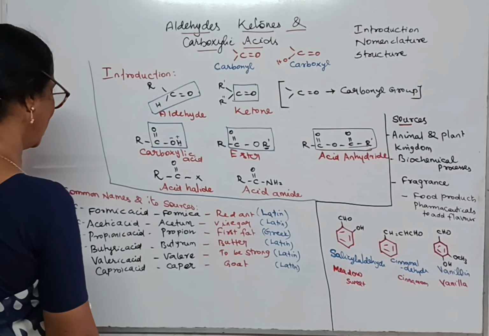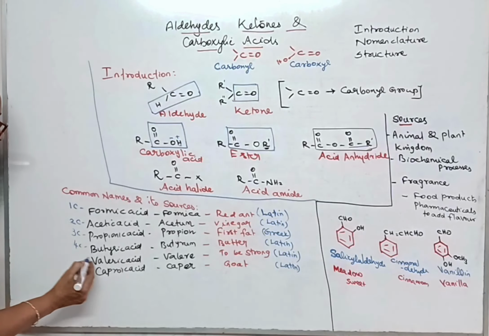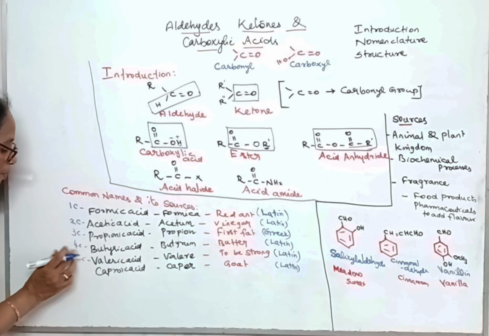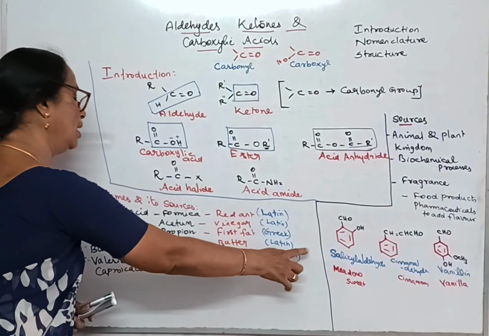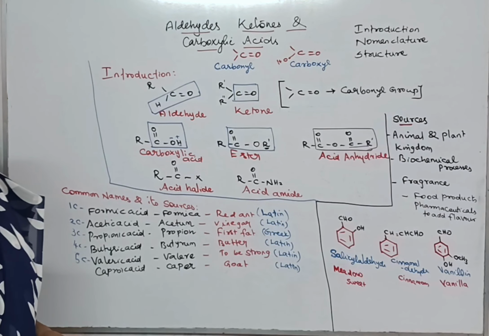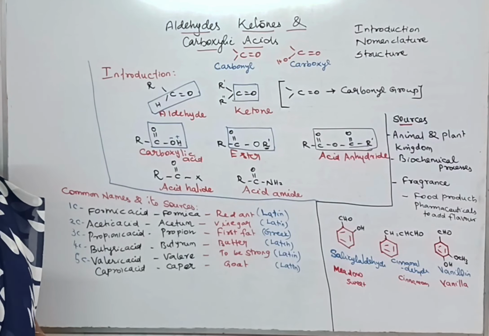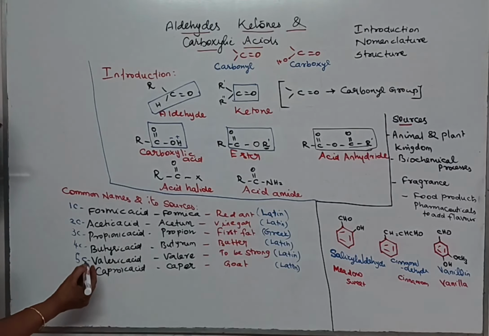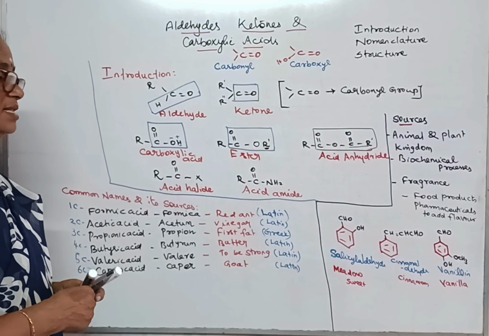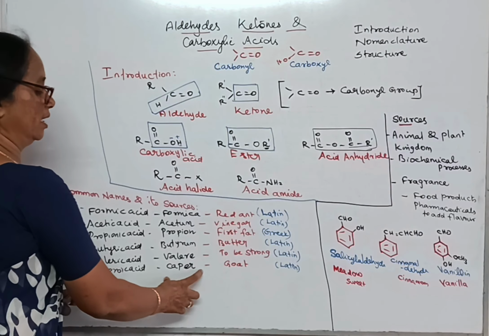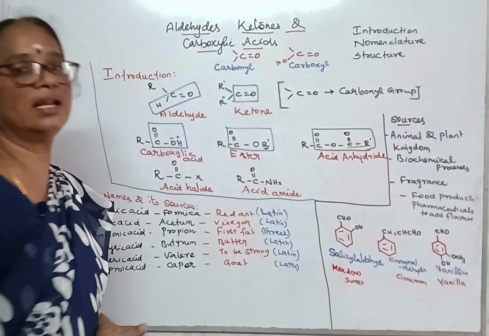And the next one, valeric acid, contains 5 carbon atoms, and this valeric acid comes from the Latin word valer, that means to be strong. And the 6th one, with 6 carbon atoms, is called caproic acid, in which capr means goat, a Latin word.